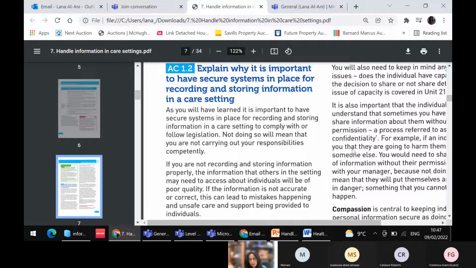Everyone can access it. That's really bad for the clients because their information is shared with anyone who wants it. And it's bad for you as an organization because you are allowing other people to do so. So that's really the main point. Explain why it is important to have a secure system in place for recording and storing the information.